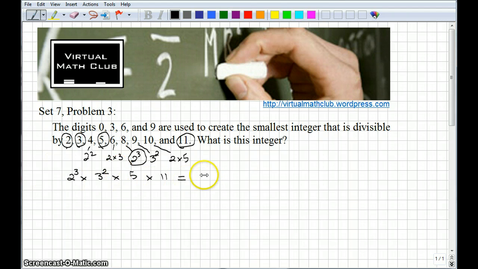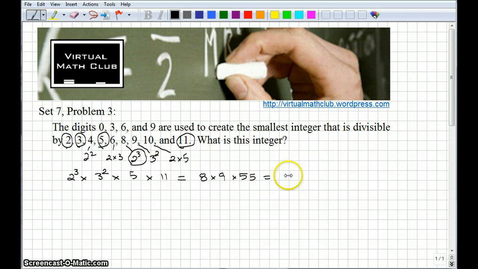So we can actually compute that out. So 2 cubed is 8, and 3 squared is 9, and so we'll just write 5 times 11, I could just write that as 55, right?